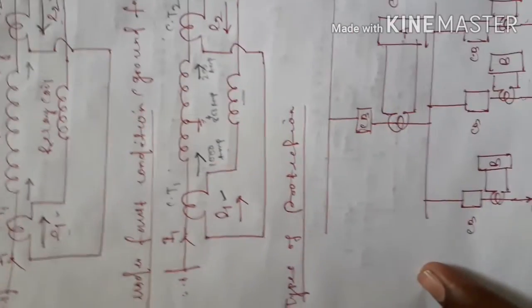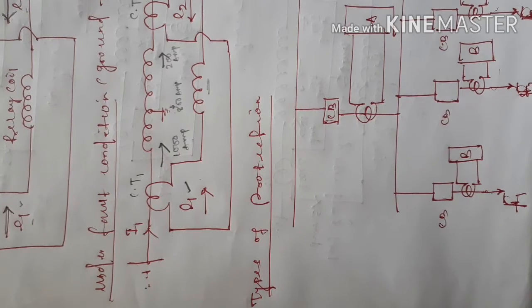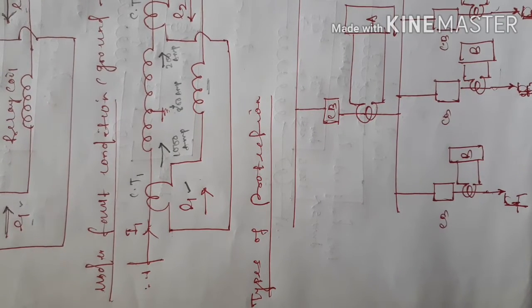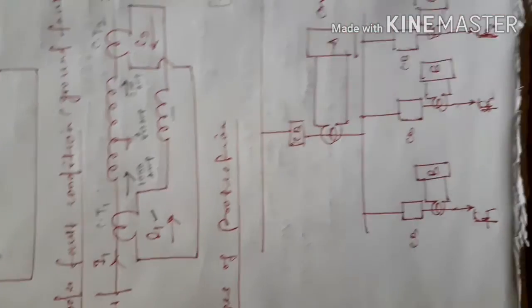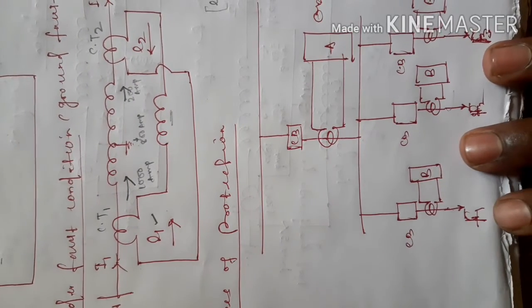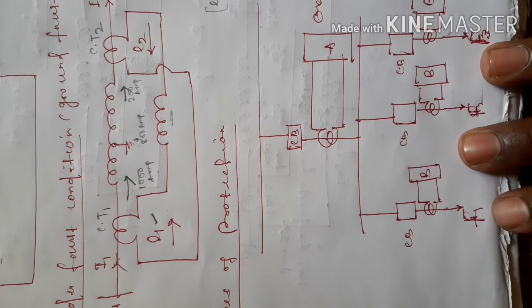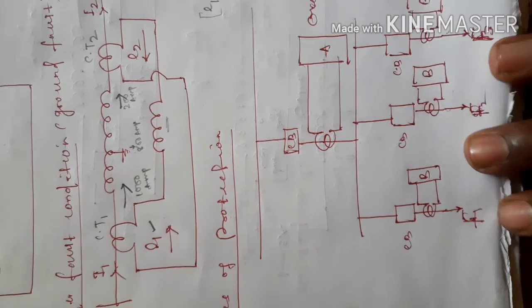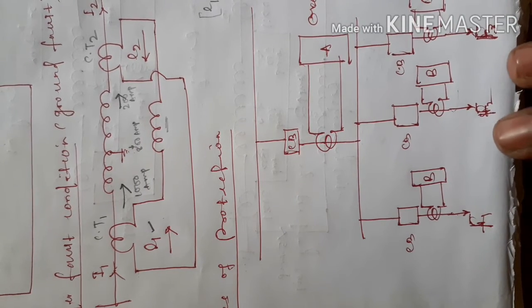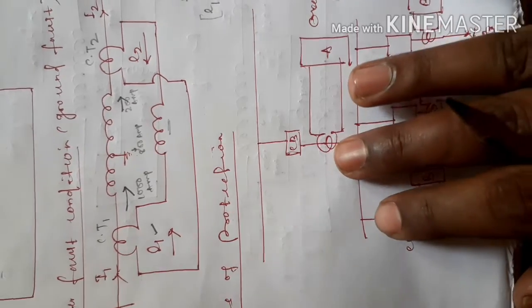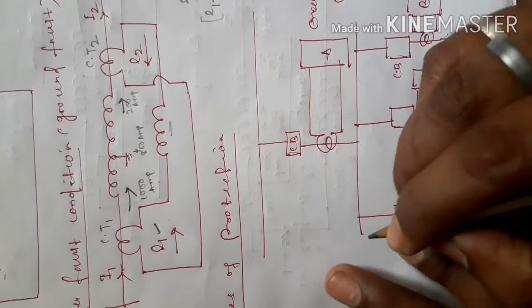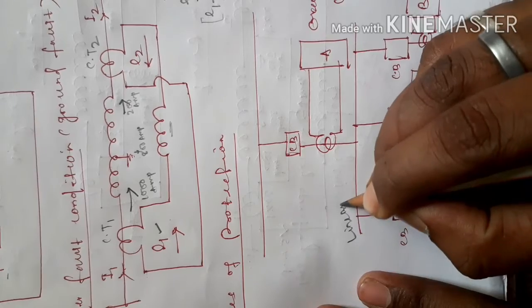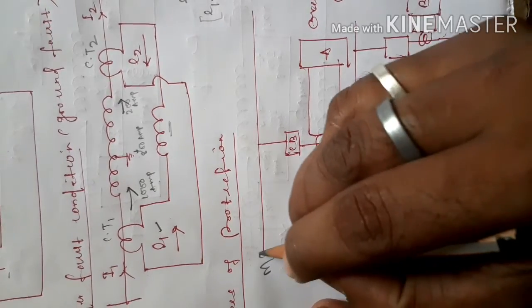Now we will discuss types of protection. This is the single line diagram of a feeder system where three feeders are present, and these three feeders are connected with the line bus. This is the line bus and this is the main bus.